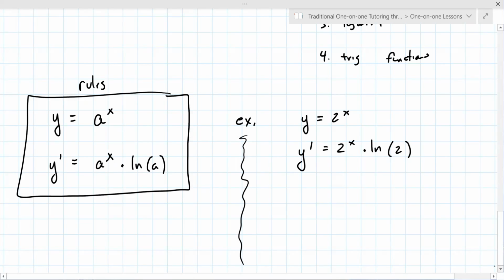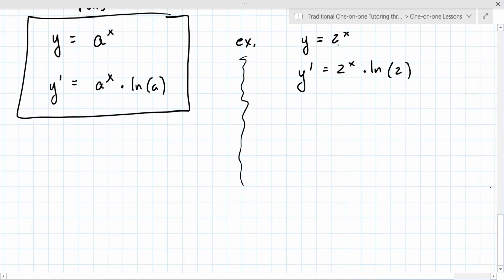It's the same question. All we're doing is finding the derivative of 2 to the x. It's 2 to the x times the natural log of 2. Let's say I give you another example. y equals 4 to the x. What is the derivative? It's itself times the natural log of 4.